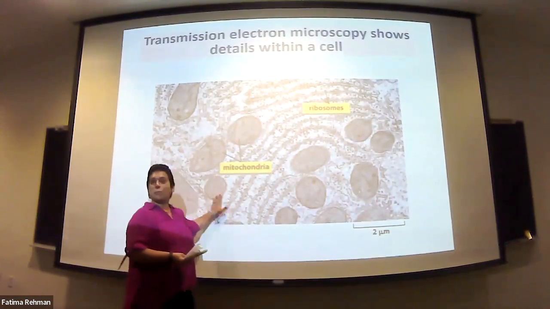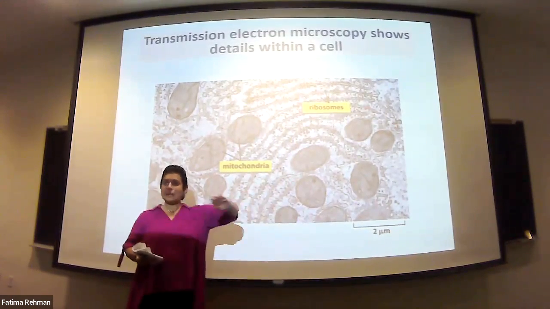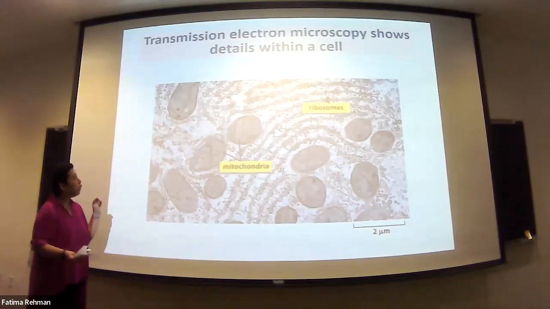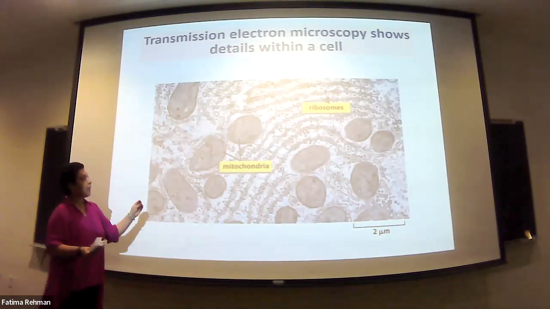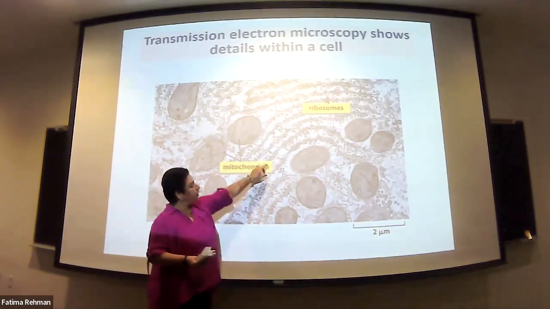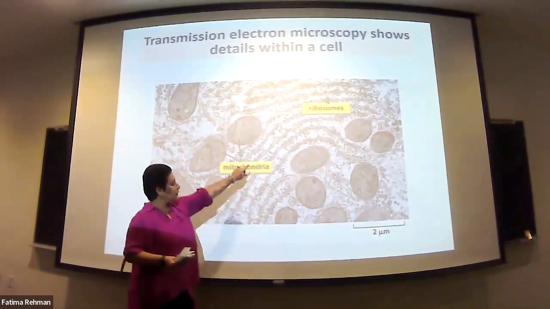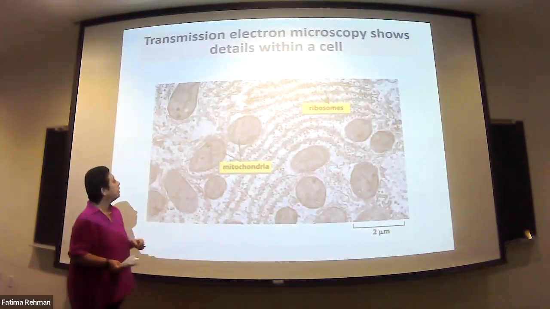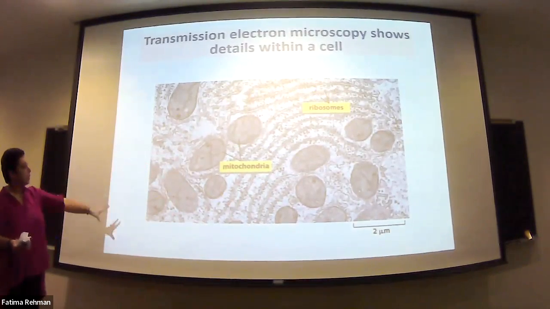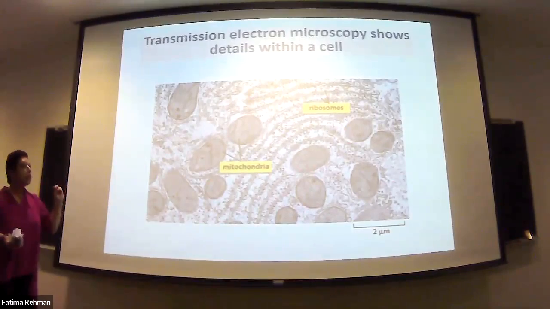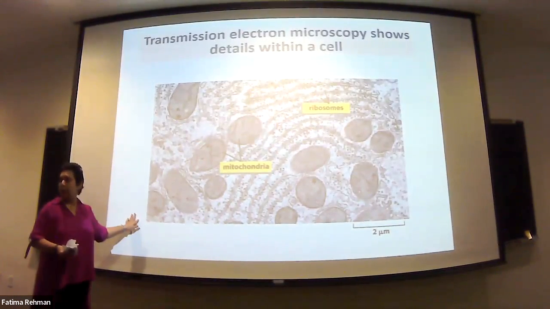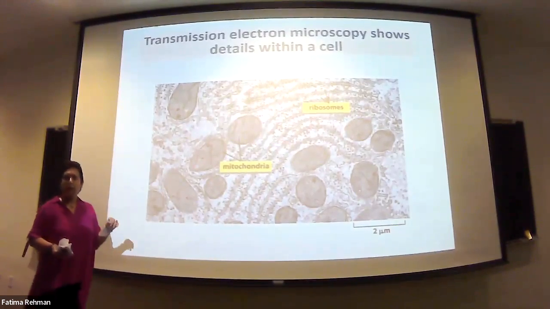In that little slice, you can look all the way down to the ribosome. So you see your endoplasmic reticulum here with the ribosomes studded to it. You can see your mitochondria in these structures. So you can see amazing resolution from this type of microscopy.